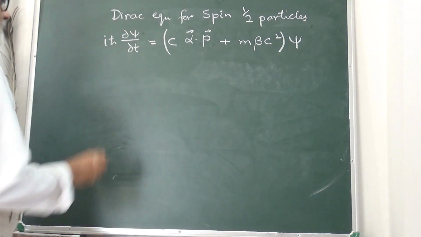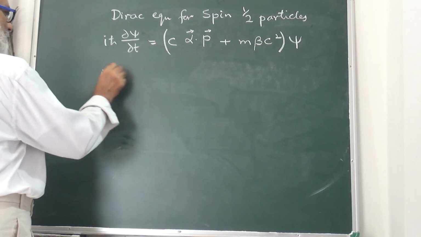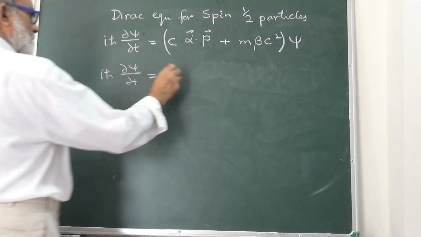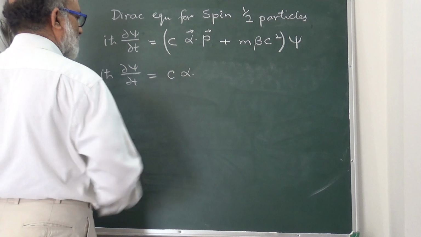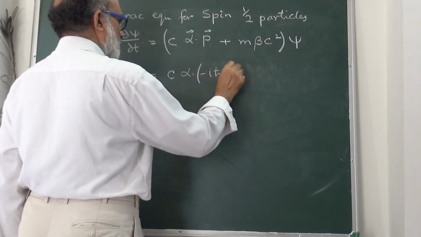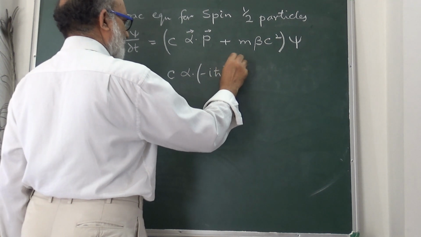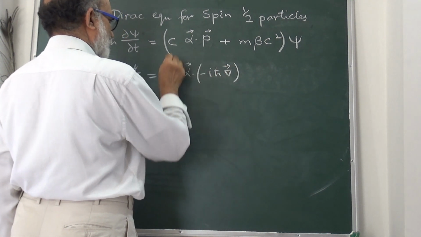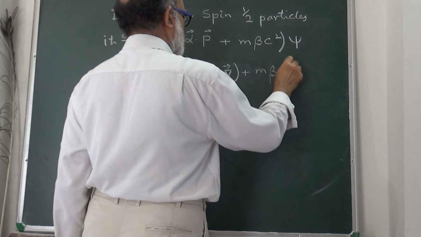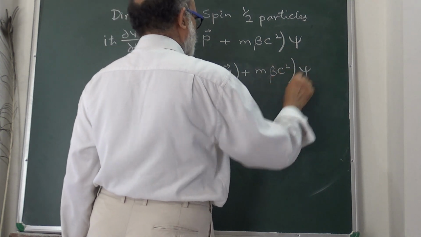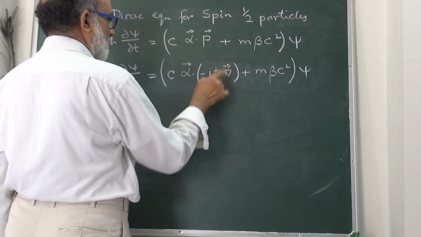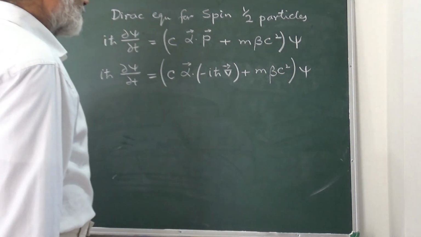Now, this can be written as i h cross, with the momentum p as the operator, minus i h cross del, plus m beta c square. Because you know that the momentum can be written in operator form in this way.